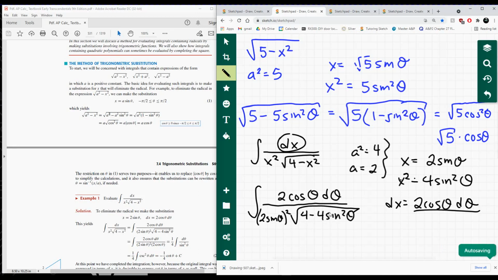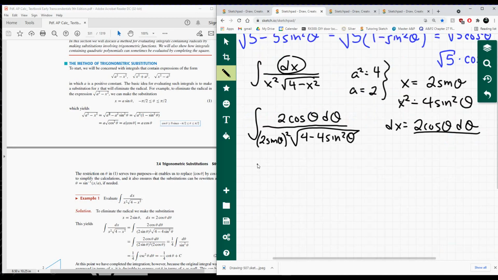Now, this entire radical, if we follow this same notion, what we expect to have is radical 4 times cosine of theta. And so we have the integral of 2 cosine of theta d theta over 4 sine squared theta times radical 4 cosine squared theta.